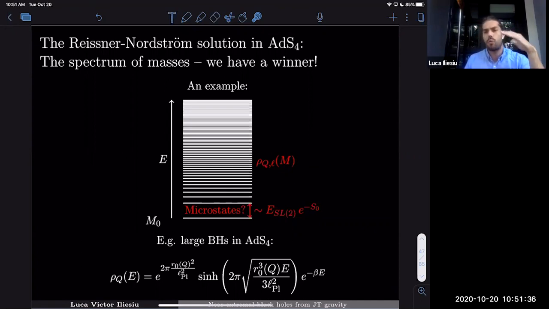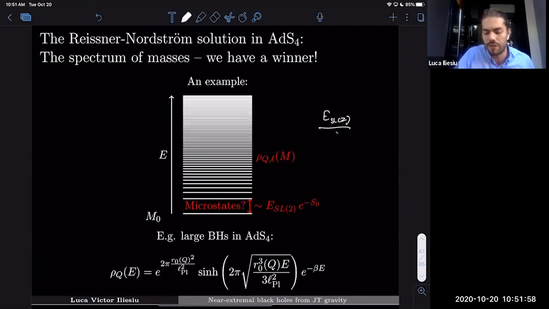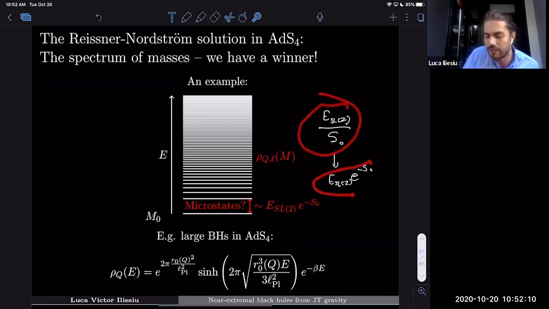And it comes in at a 1 over S0 scale compared to E gap. So essentially, we can guarantee that the gap between the extremal and the near-extremal state in Reissner-Nordström is not at the scale that people call E_SL2, but rather at the scale E_SL2 divided by S0. At least that scale, maybe even lower, maybe even E_SL2 times e to the minus S0. But this part is rigorous and this is speculative.